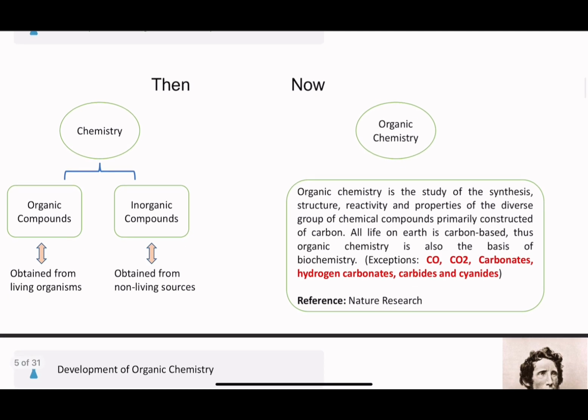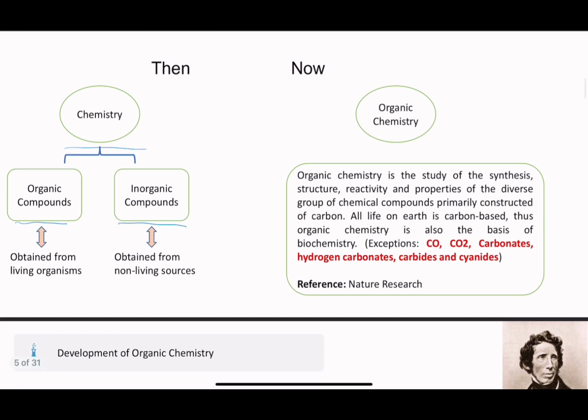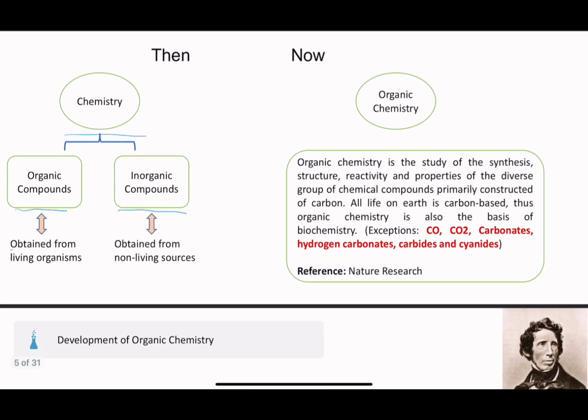Okay, so the next slide we talk about the differences. Back in the day, people were dividing chemistry into organic and inorganic. Organic compounds are the ones that come from living organisms, but the inorganic ones come from non-living organisms. But now it is different.